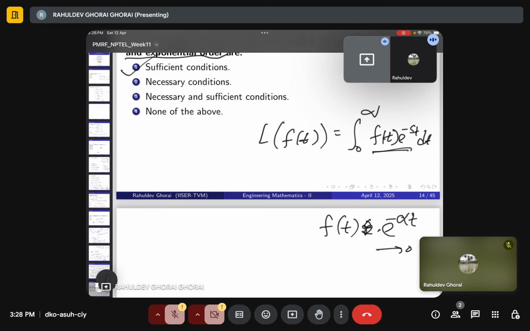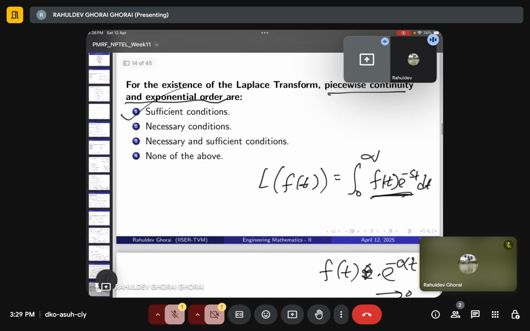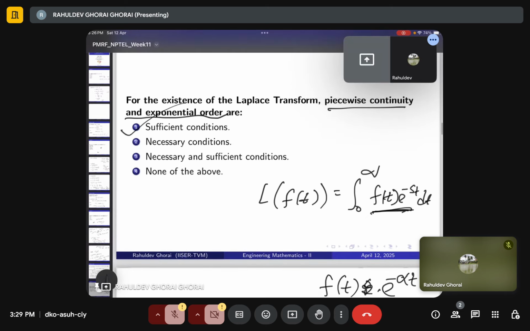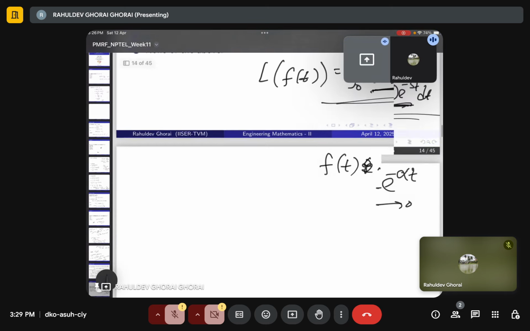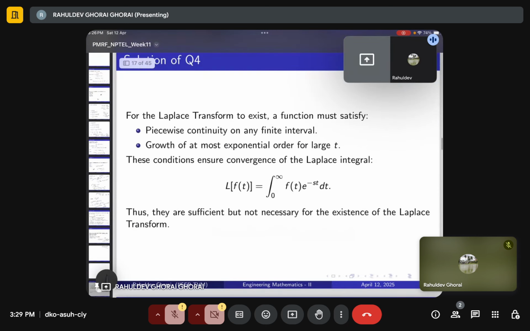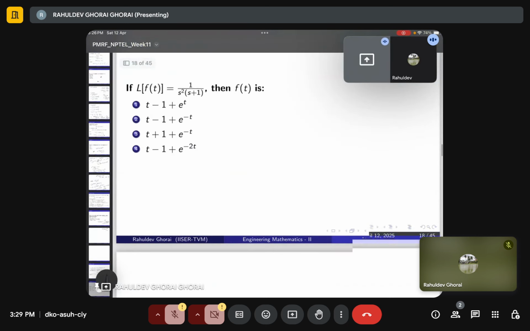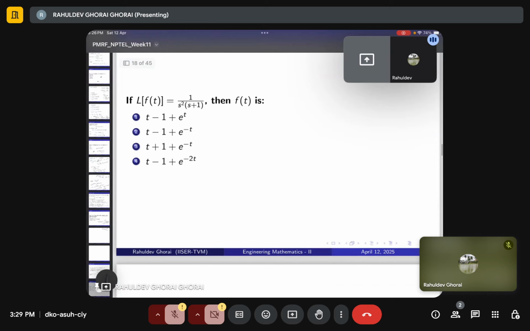Otherwise in that interval there will not be any singularity. So when exponential order is there, you can show that it has a Laplace transformation. I'll not go deep into that. You study this and get it. This will be easy to do.